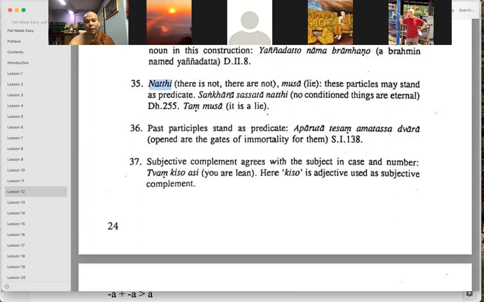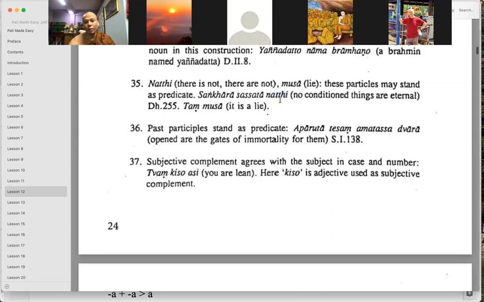But here Sankhara is nominative case plural, sassata also nominative case plural, but the verb natthi is singular. That is fine. They say that is a particle, nipata. Actually, it should be something like sankhara sassata na honti. But in this way, in Pali, we can see it.